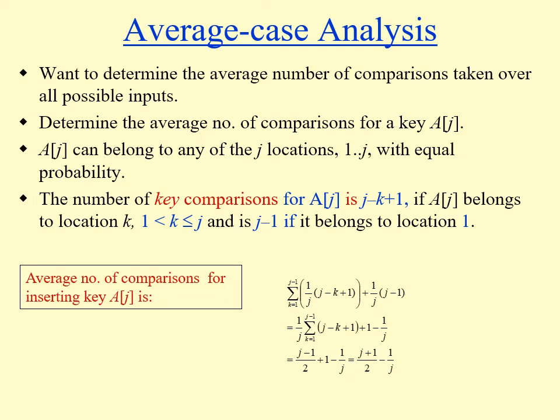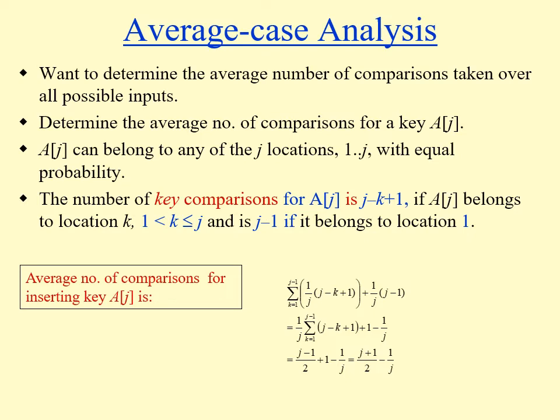Because based on this summation, K is from 1 to J minus 1, and the last one is if it belongs to location J, that means we don't need to move any elements. Let's go back to the previous slides, the first slide of this part.